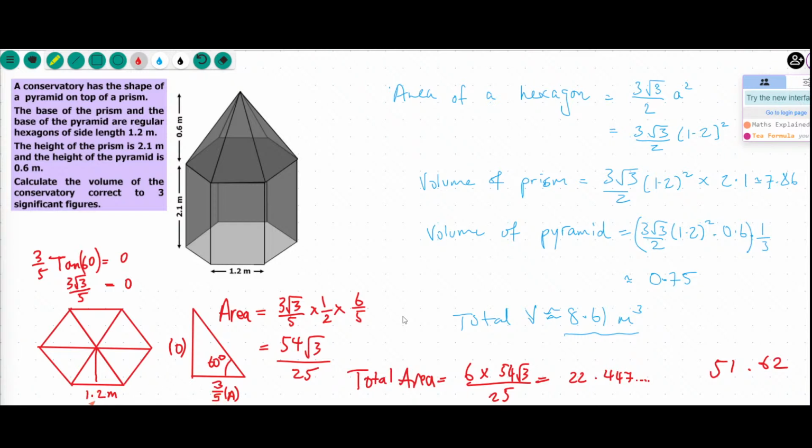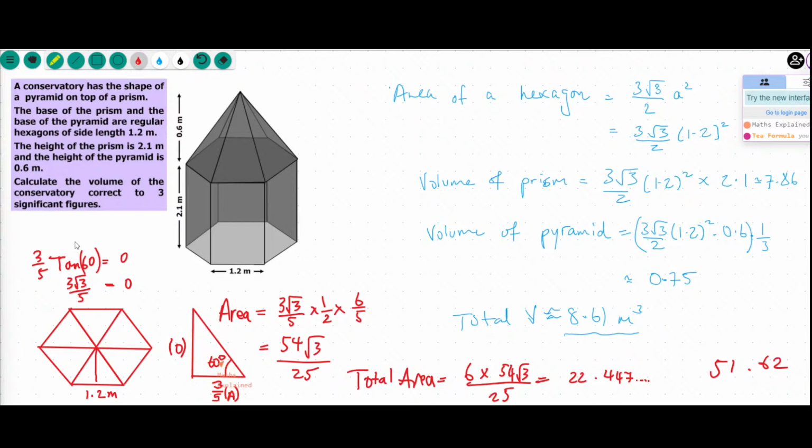3/5, so 1.2, 6/5, half of those 3/5. Area, so the height... That O is opposite, right?